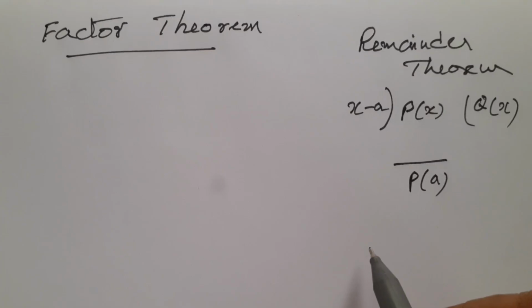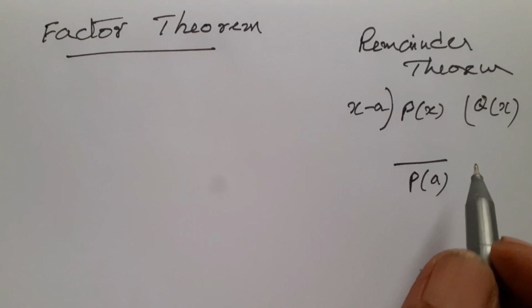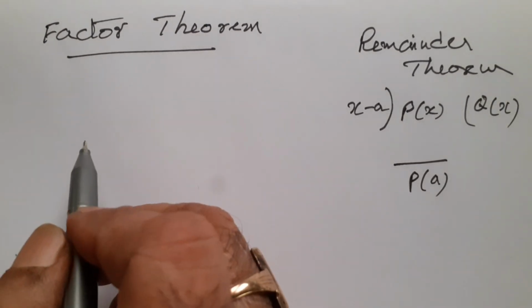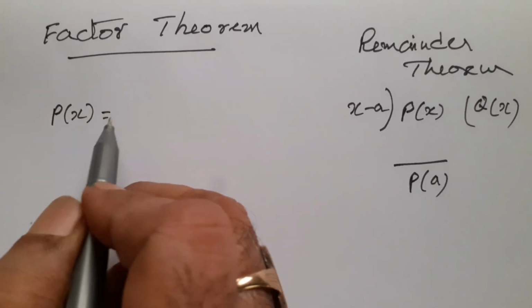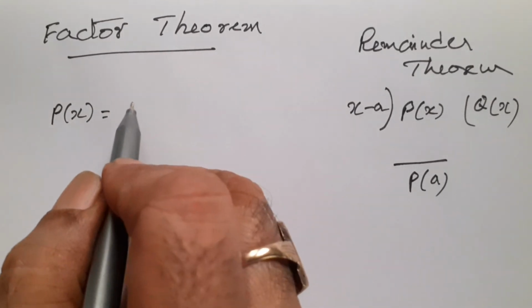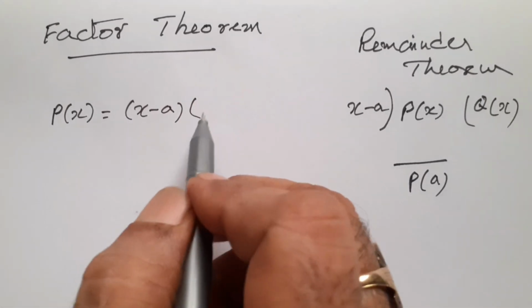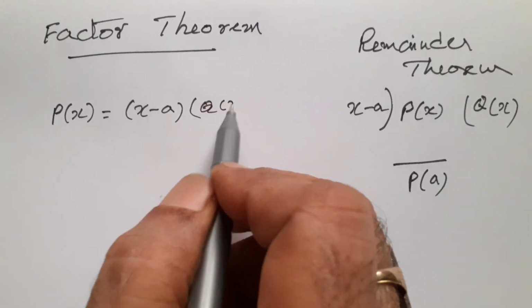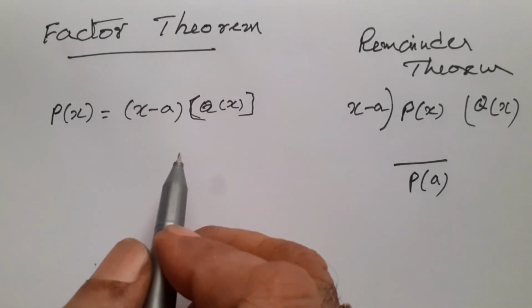So this is the remainder theorem. When p of x is divided by x minus a, the remainder is p of a and the quotient is q of x. As per the division rule, you can write p of x, this is the dividend, equal to x minus a, the divisor, into quotient q of x, plus remainder p of a.